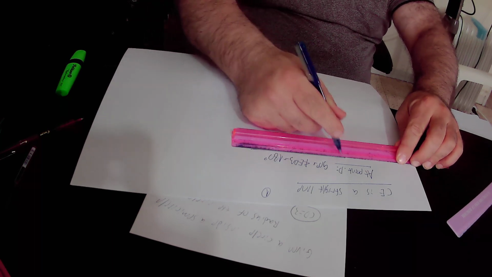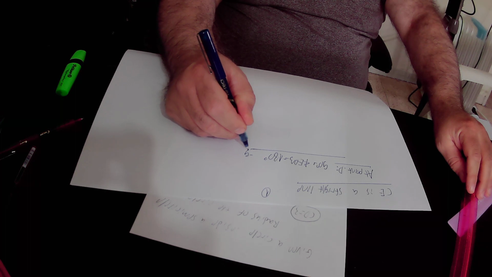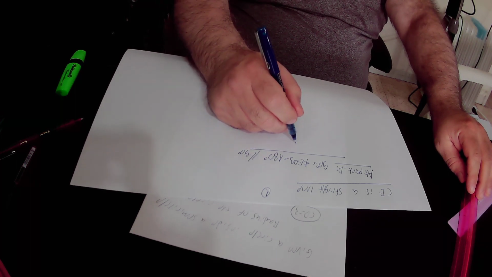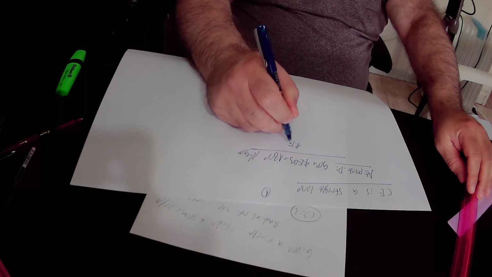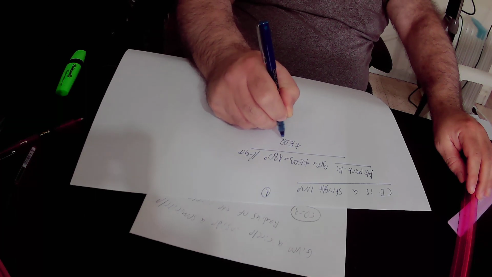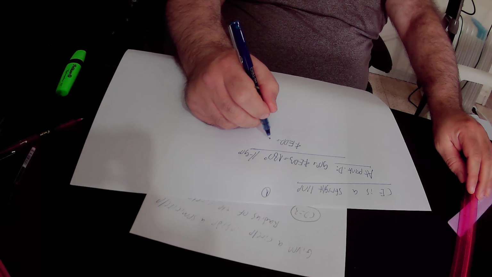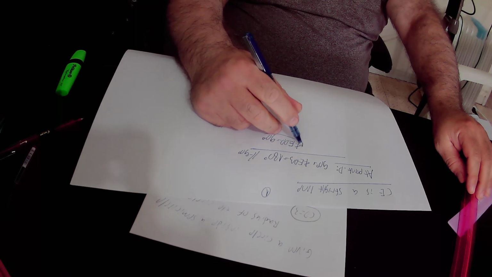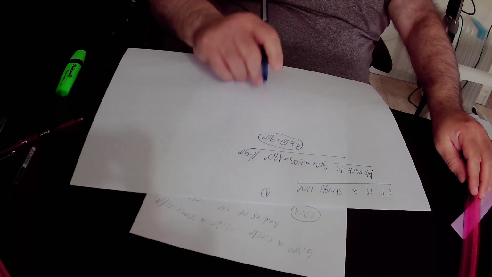So here we will subtract 90 degrees from this equation, and we will get that the missing angle EDB is equal to 180 degrees minus 90 degrees, which is 90 degrees. Angle EDB equals 90 degrees.